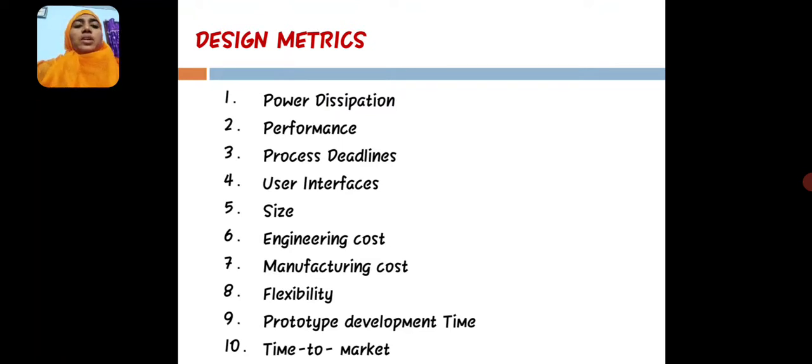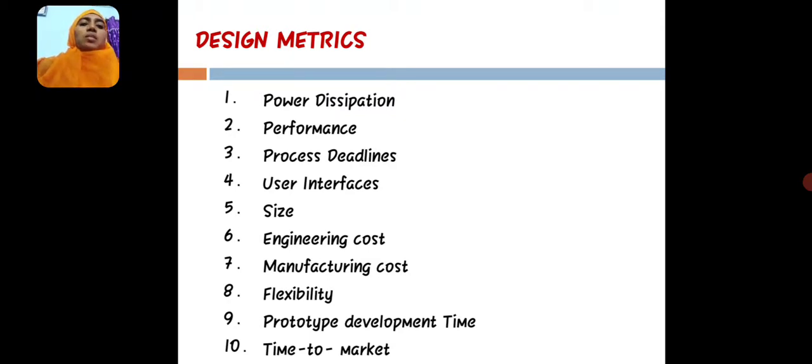The next, eighth point is flexibility. How flexible our device is: whatever embedded system we manufacture should be very flexible. The ninth one is prototype development time. We are given some deadline. Sometimes we can prepare that device within the time period, below it, or above it. Deadline is the time within which we are going to prepare it.